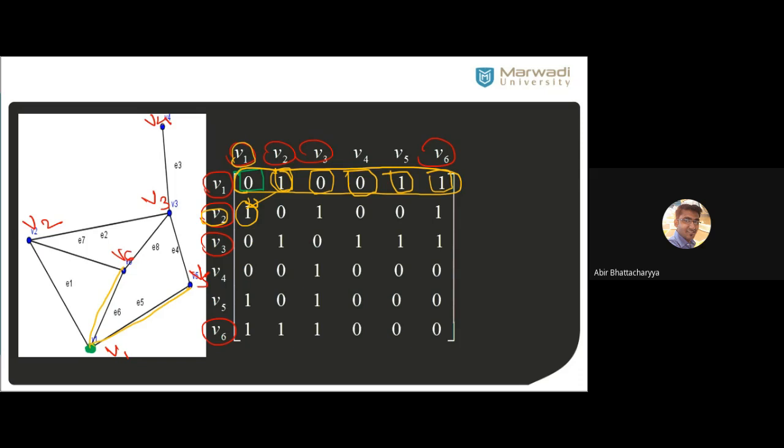Symmetric matrix means the upper diagonal elements are always equal to the lower diagonal elements. That is called symmetry. So this matrix is symmetric. If it is 1, this would be 1. If it is 0, then 0.